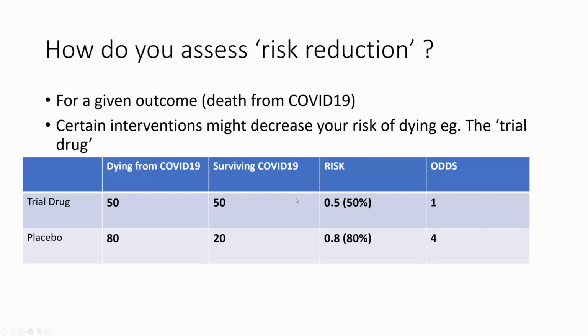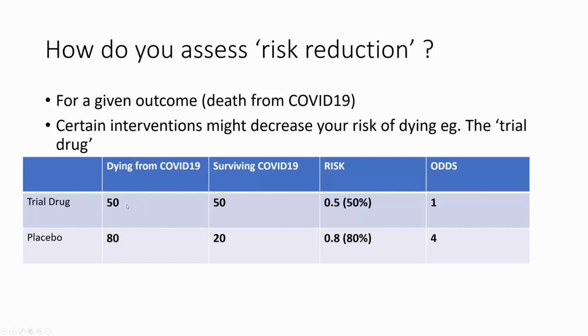So the next question is, how do you assess the risk reduction of some kind of intervention that you're doing? So let's say we've got a given outcome, death from COVID-19. So that's the bad outcome here. Certain interventions like a drug might decrease your risk of dying, like the trial drug. So if we look at the risk, your risk of dying from COVID-19 on the trial drug is 50-50.